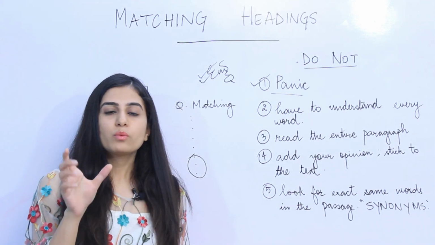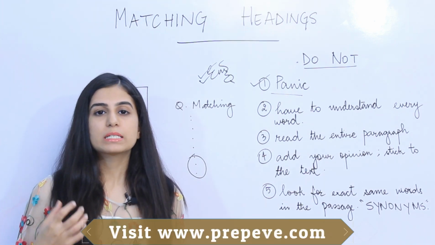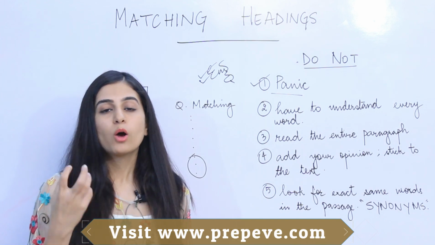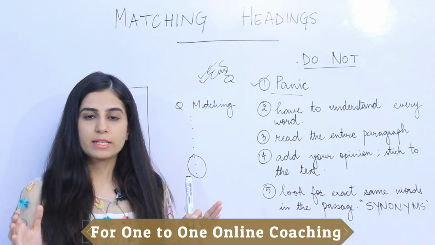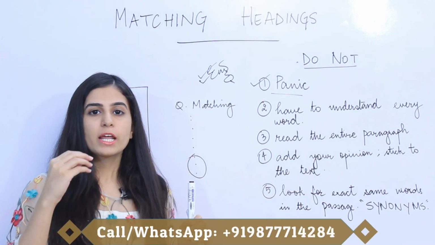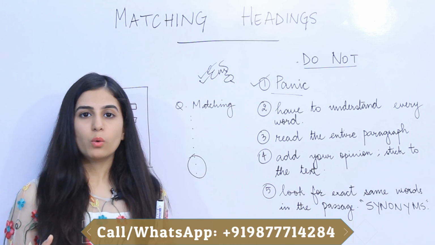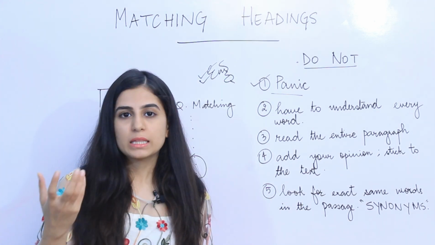But even without knowing the exact meaning of that word, you can still comprehend what that word means, because you know the context of that particular sentence. You know what the sentence is trying to say, because you can understand the sentences above and below it. So you can make out that probably this word would mean this thing.